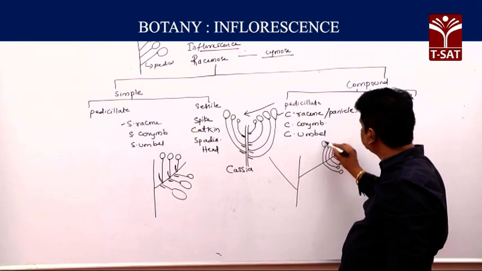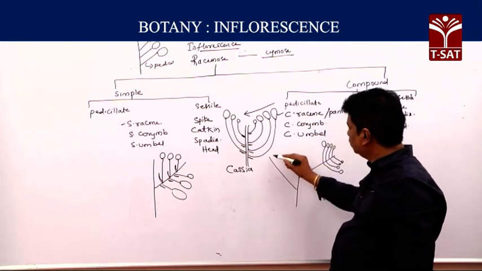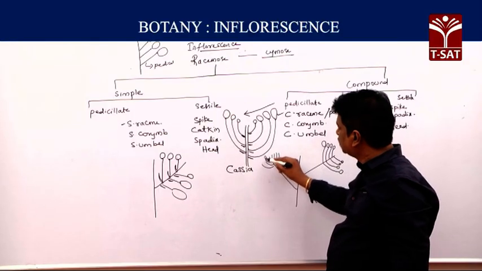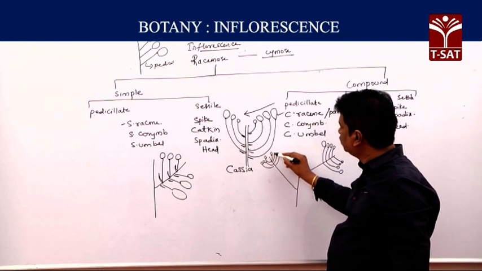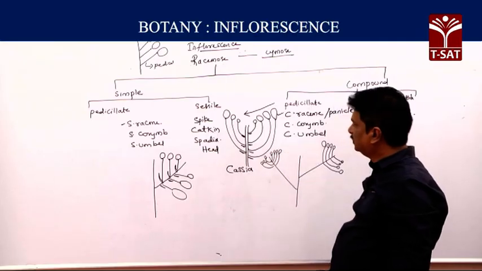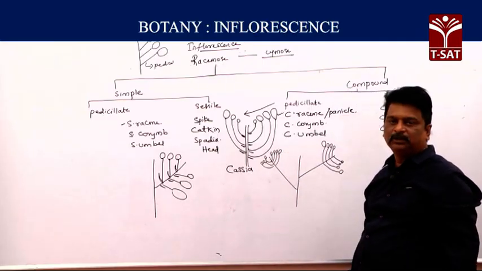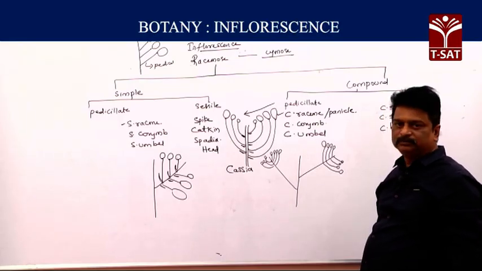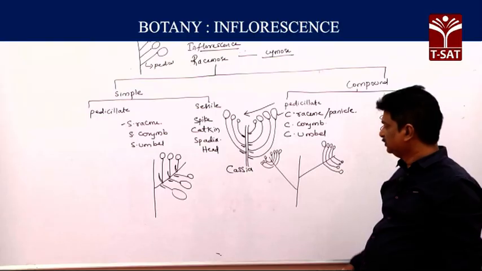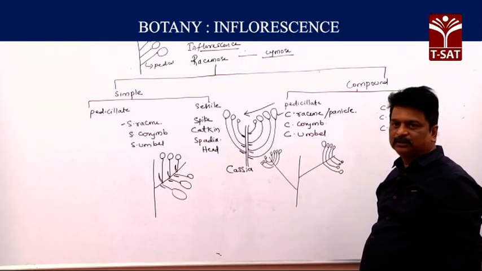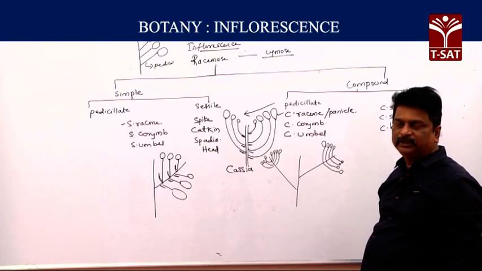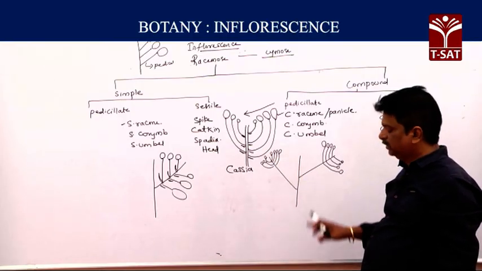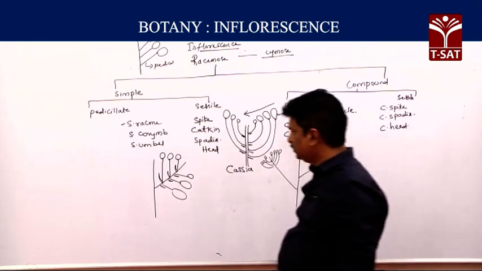Or in a simple definition: in compound corymb, the peduncle is branched and each branch is terminated with one corymbose inflorescence. An example of compound corymb is cabbage, Brassica oleracea variety capitata. This is simple corymb and compound corymb.